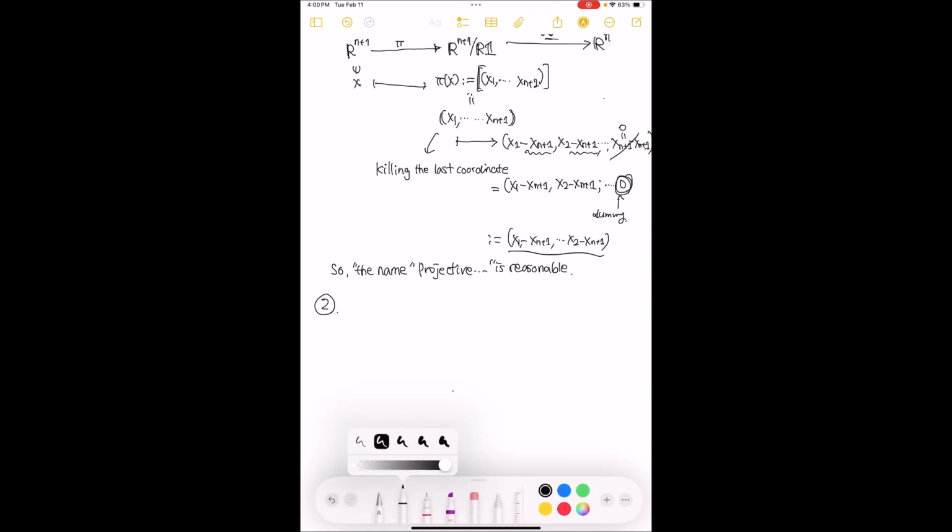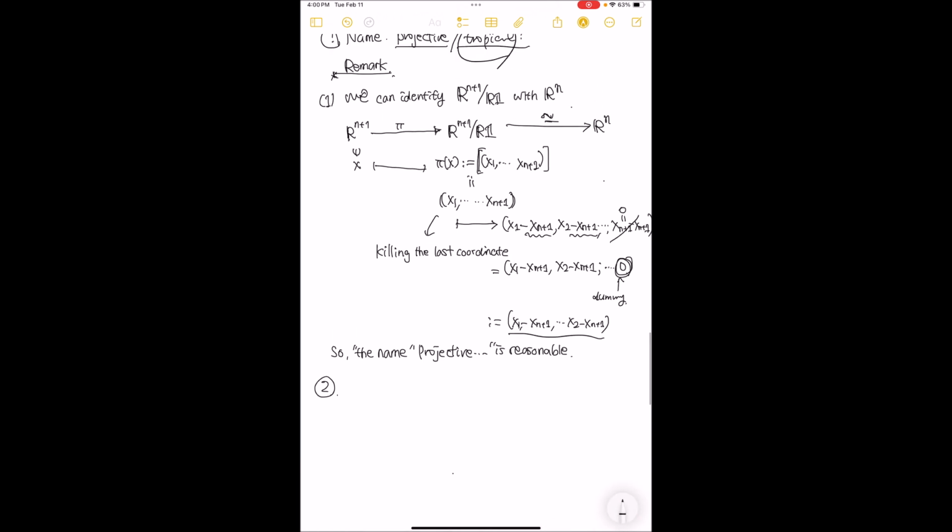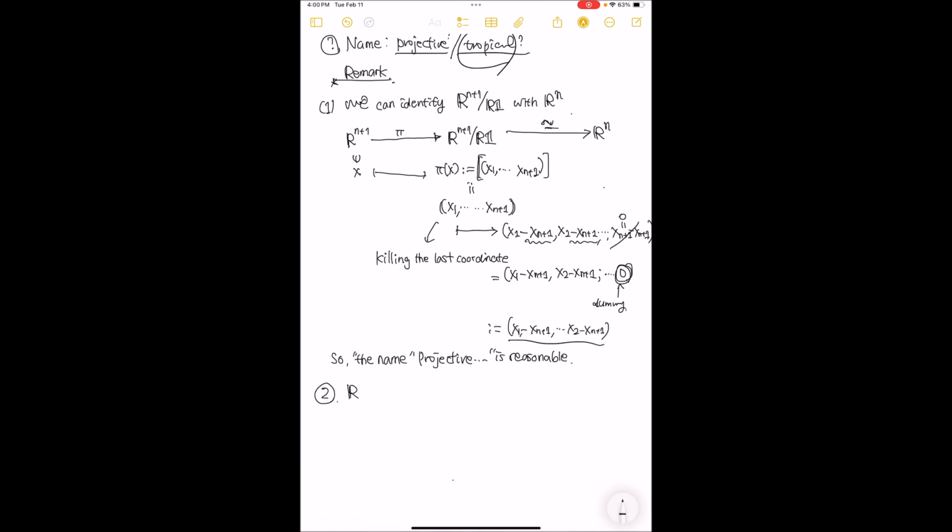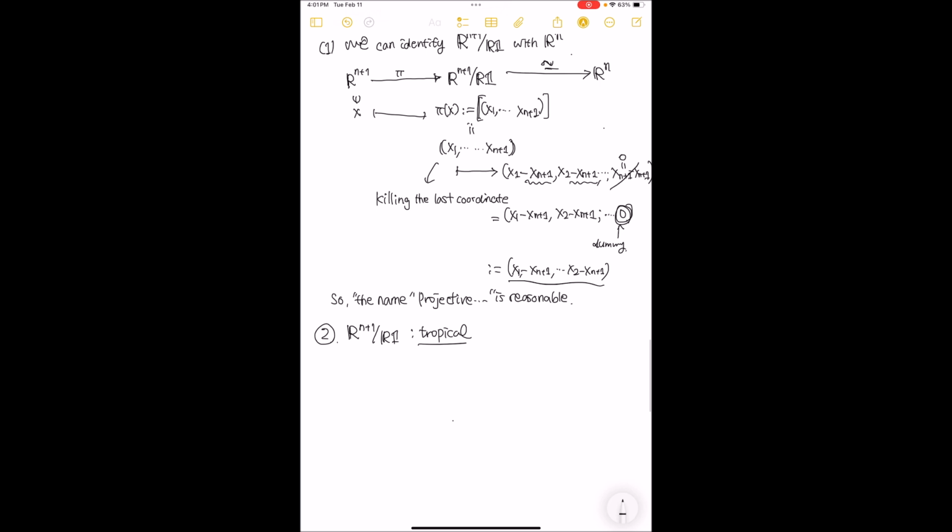And the second reason why we can say R^{n+1}/R1 is related to tropical: there are many reasons. In 2004, there was a result based on research by Speyer and Sturmfels, so the name tropical is reasonable.